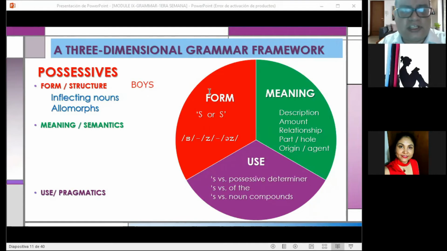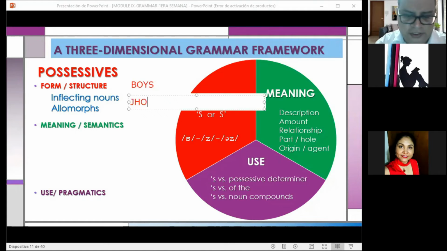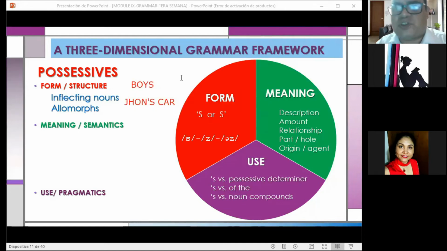An example with the possessive. For example, you have here John's car. How do you pronounce this apostrophe S? Like S or like Z?